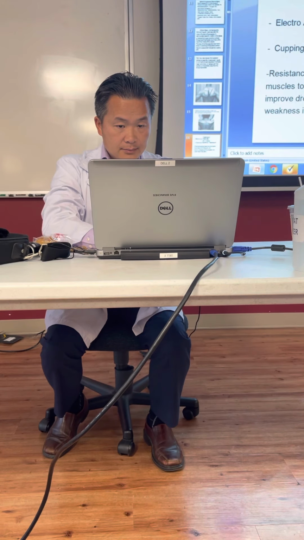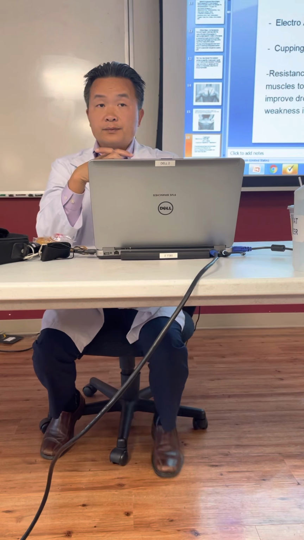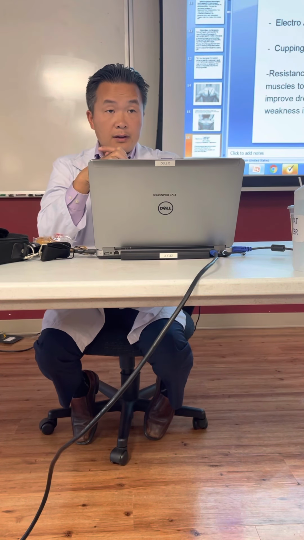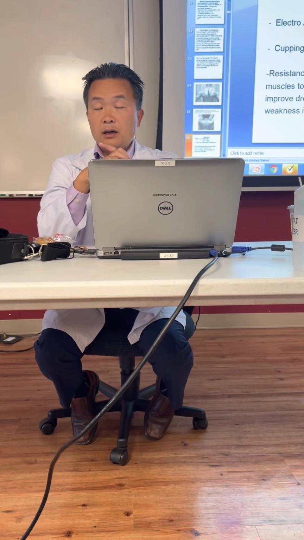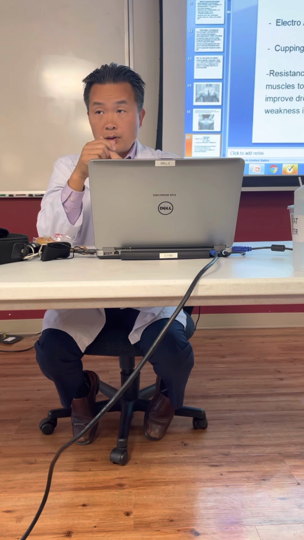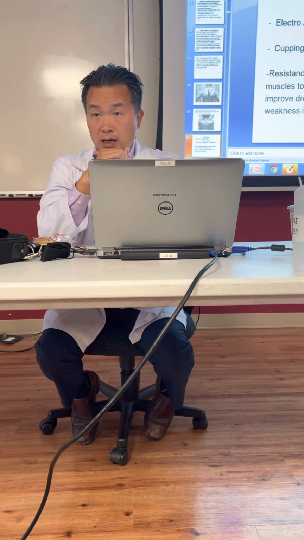And then, the good thing is that all peripheral nerves over time can regenerate and recover. For people with central nervous system injury, the brain or the spinal cord, when it's injured, it never recovers, right?